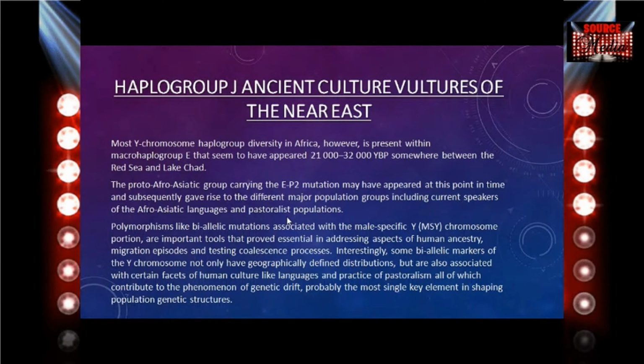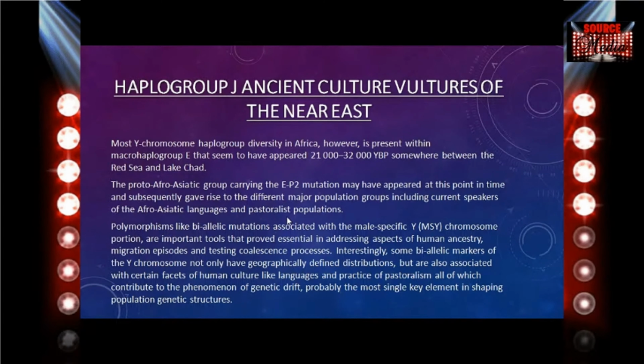The EP2 mutation may have appeared at this point in time and subsequently gave rise to the different major population groups, including current speakers of Afro-Asiatic languages and pastoralist populations. Polymorphisms from biallelic mutations associated with the male-specific Y chromosome portion prove essential tools in addressing aspects of human ancestry, migration episodes, and testing coalescent processes.